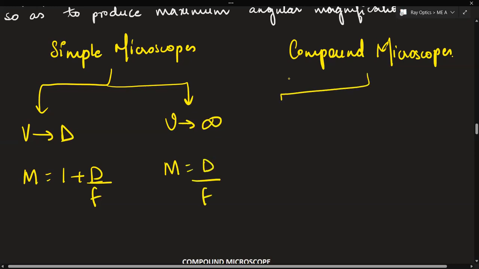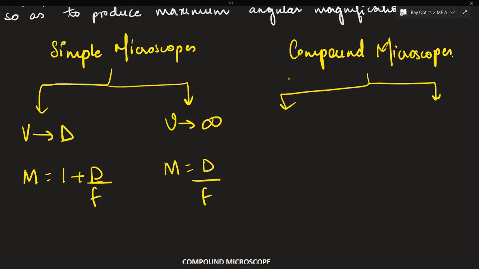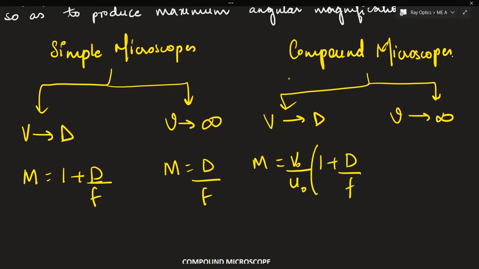For compound microscope also, we had seen 2 cases. One was when the final image was at least distance of distinct vision and the other when the image was formed at infinity. Now see, magnification will be V naught by U naught times 1 plus D by FE.